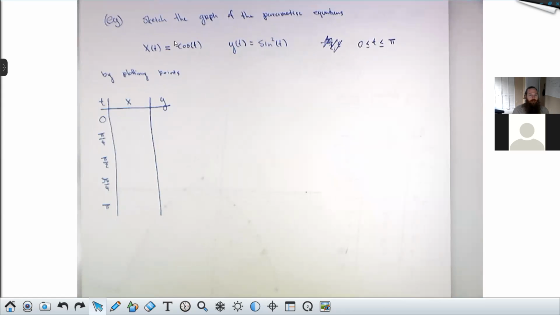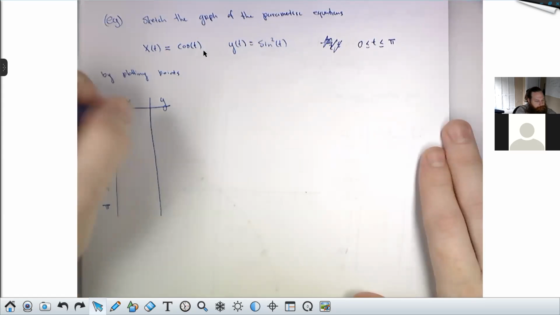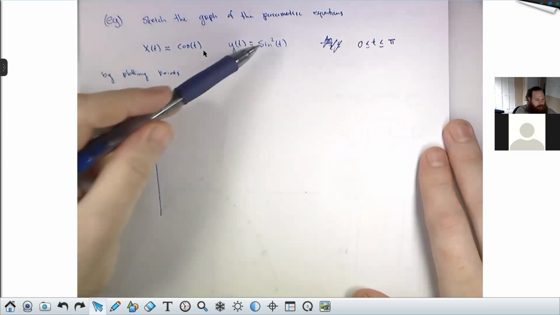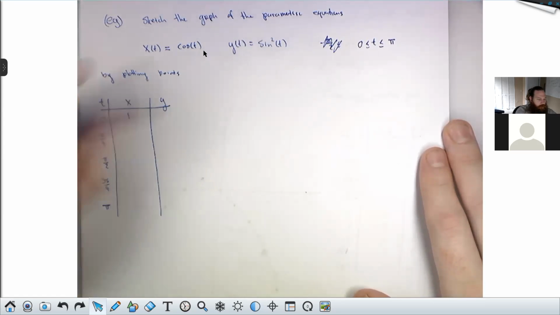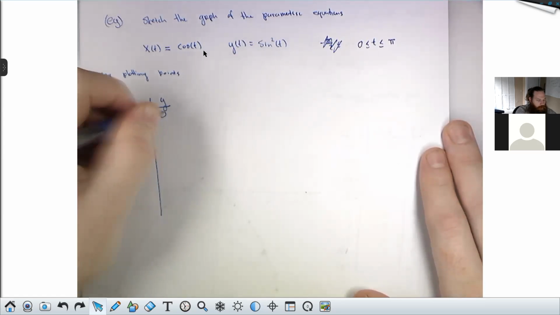When t is equal to 0, cosine of t is cos of 0, that's 1. And the sine of t is 0, because the sine of 0 is 0, and 0 squared is still 0. So we're starting at the point 1 comma 0.